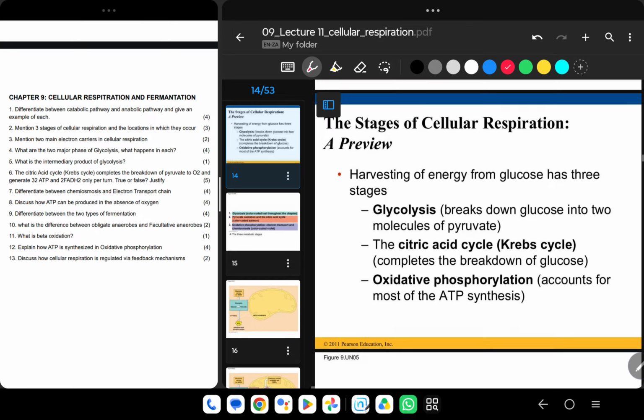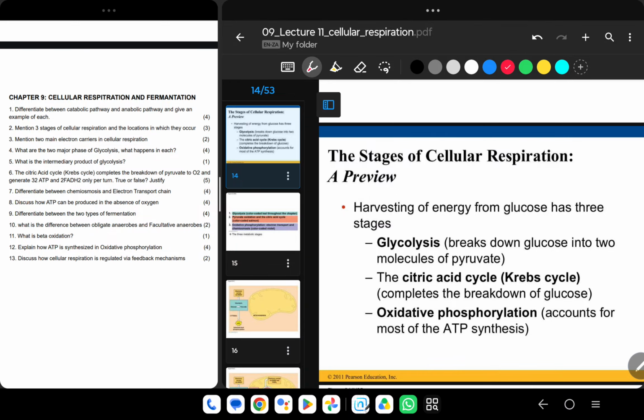Glycolysis is the breakdown of glucose into two molecules of pyruvate. The citric acid cycle completes the breakdown of that glucose which was broken down in glycolysis, and it ends up producing carbon dioxide.